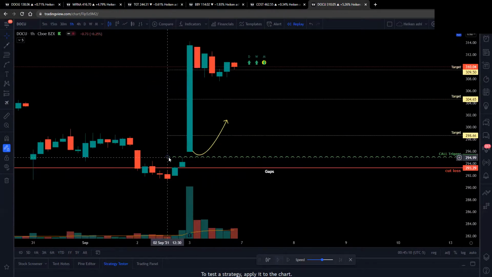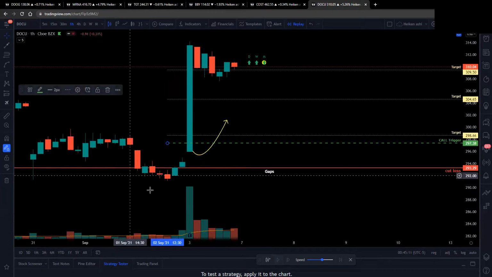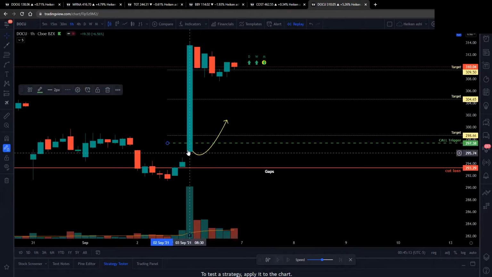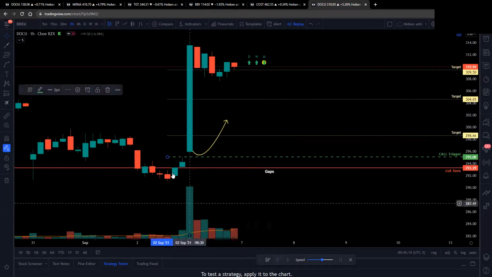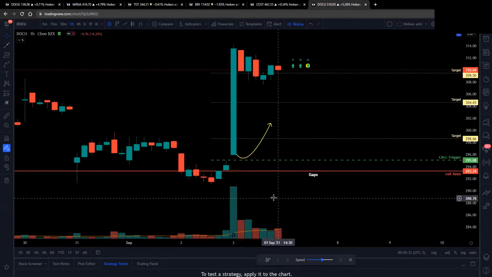There are times when it will gap up but then cross the trigger. Those are still good, but for stocks that just gap up above the trigger without triggering the trigger, I would be careful with that. You can still play it, but it's really risky, and it's really up to you based on your risk tolerance.